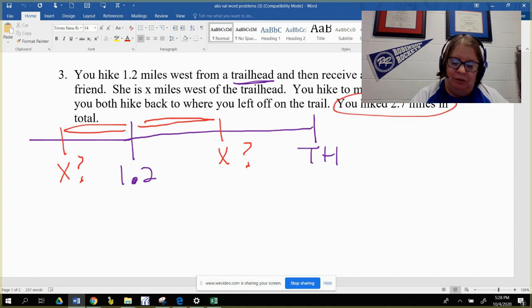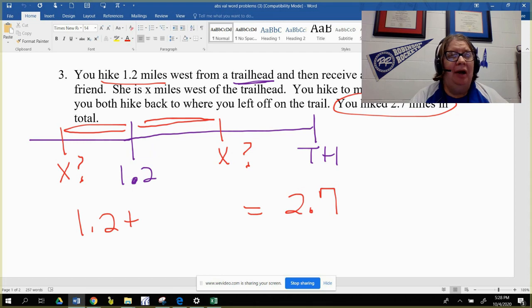What do we know about our total? It is 2.7. We know at first you hiked 1.2 miles. You remember how in the other absolute value problems we had a difference between something? Here we have a difference between where your friend's at and where you're at.